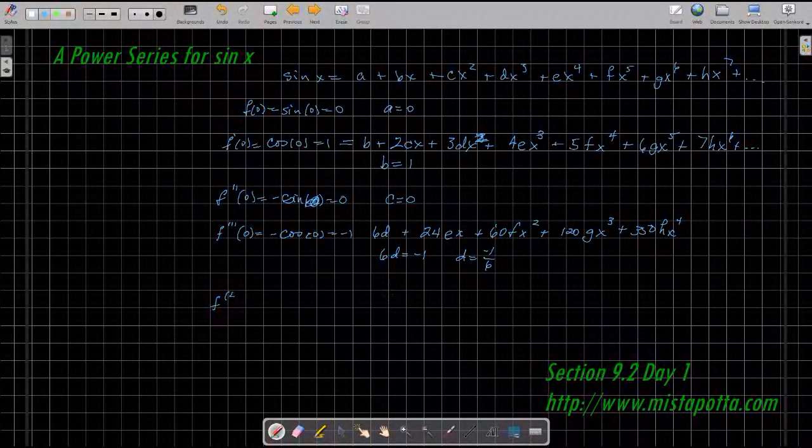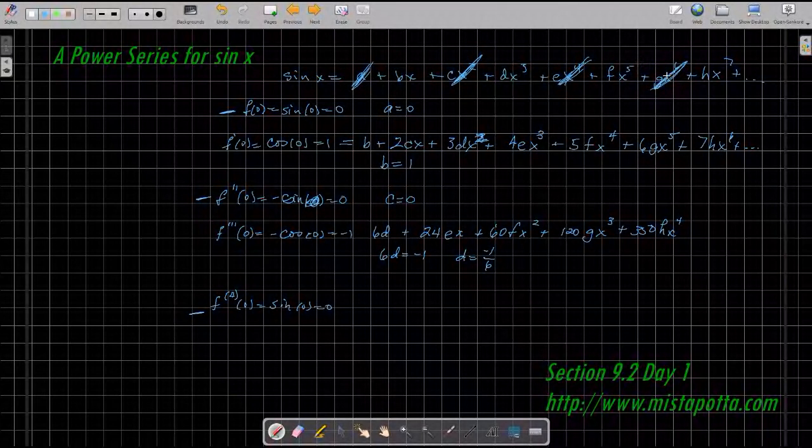And when I look at the fourth derivative at 0, I'm back to sine. And so what's going to happen is that all of these even terms are going to involve sine, and so that means that all of my even powers actually end up going away.